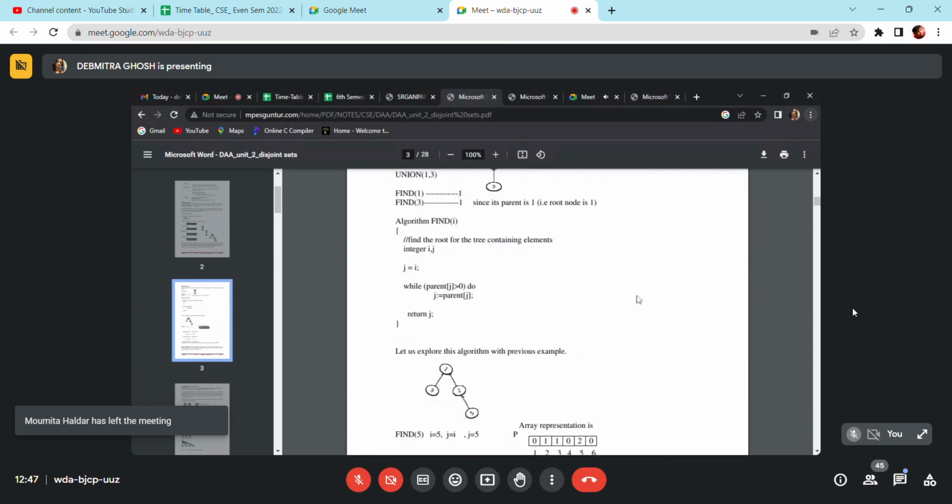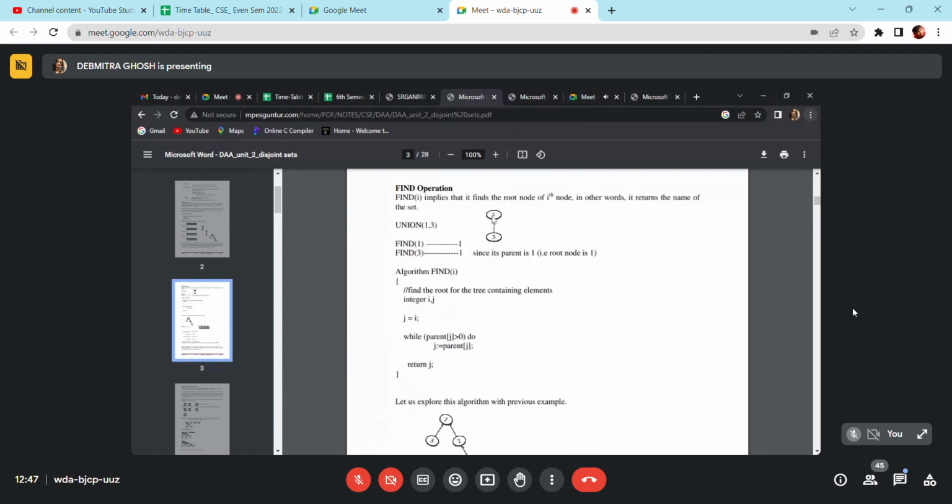Have you written this algorithm, find algorithm? What is happening? We have to find the root of the tree containing the element. Now we are taking two variables as i and j. At first, we are initializing them at the root node position, so j equal to i. What is i? i is for the root node. Then we are running a while loop.